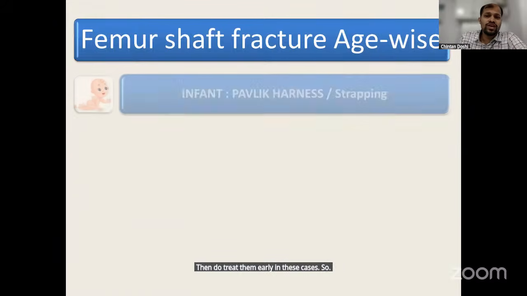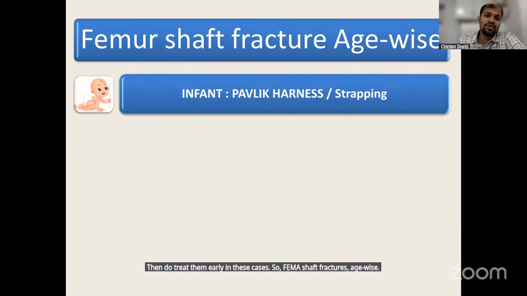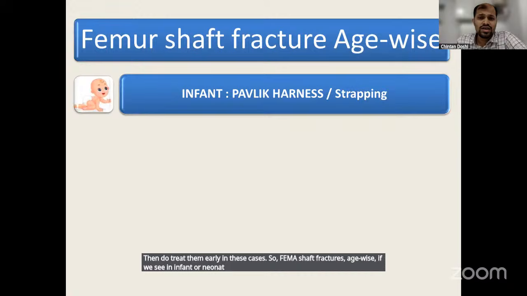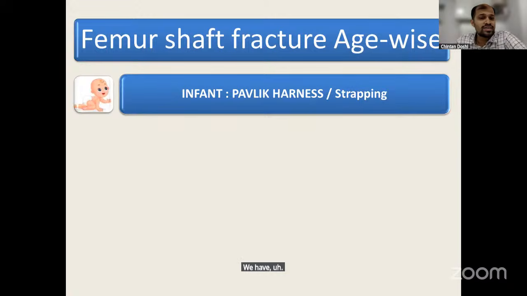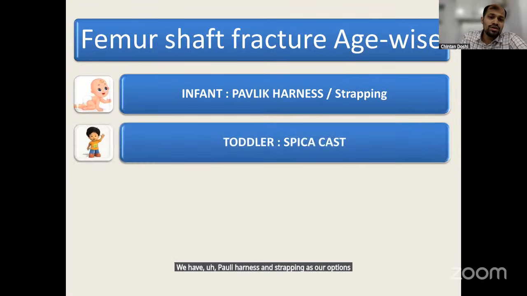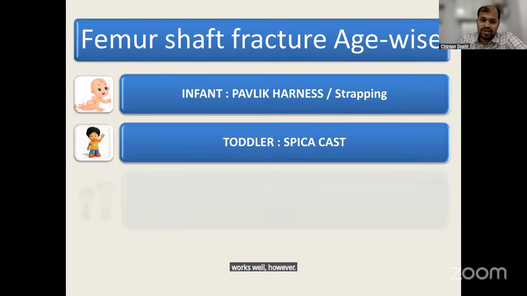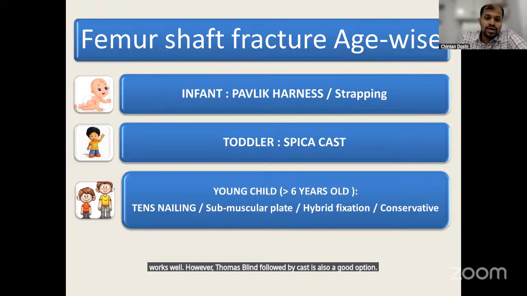Femur shaft fractures, age-wise: in infant or neonatal fractures, we have the Pavlik harness and strapping as our options. In toddlers, a spica cast works well. However, a Thomas splint followed by a cast is also a good option. In a young child above 6 years but less than 10 to 12 years, tens nailing works well.